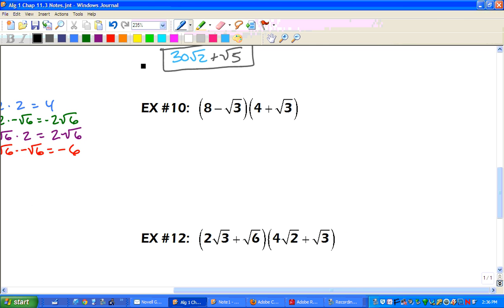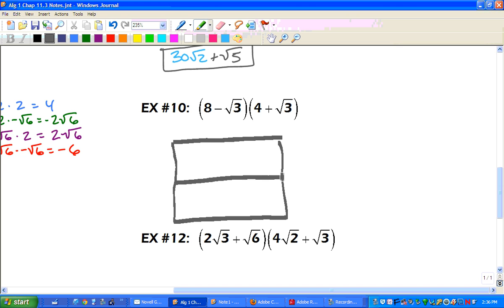All right, number 10. Number 10, I'm going to do the box method. So we have a binomial times a binomial.